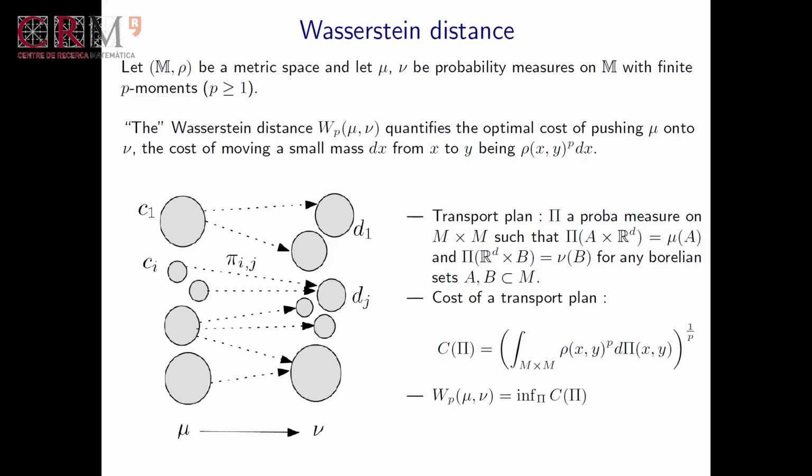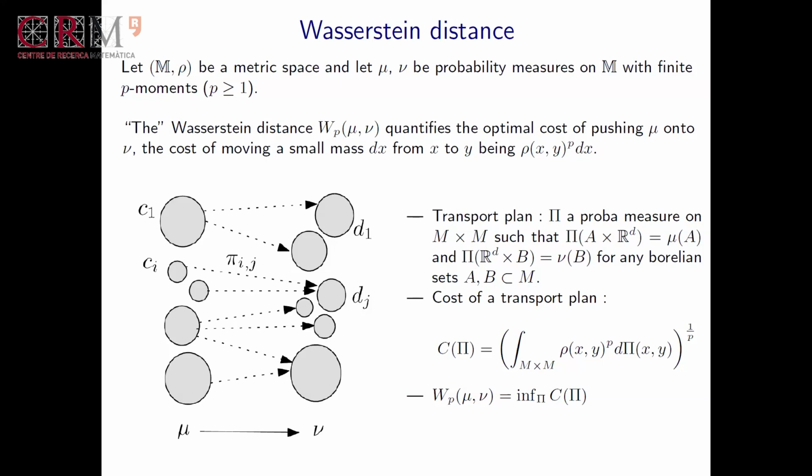And when you look at pi of A times B, you get the amount of mass of A that is moved to B. So if you give this description, in fact, you describe the way to transport mass from one distribution to the other one. If you are in the discrete setting, you can think of a transport plan as a matrix.